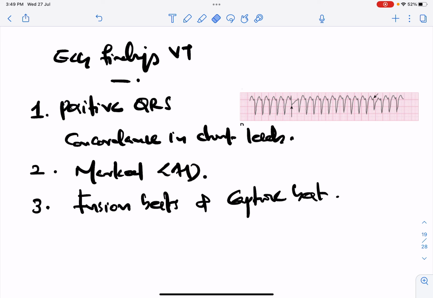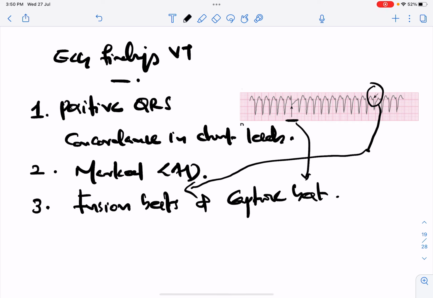Here it is a normal beat fused with VT, that is our fusion beat. The capture beat is a normal QRS between abnormal beats. That's our capture beat. So that's how we differentiate monomorphic VT from SVT with aberrancy.